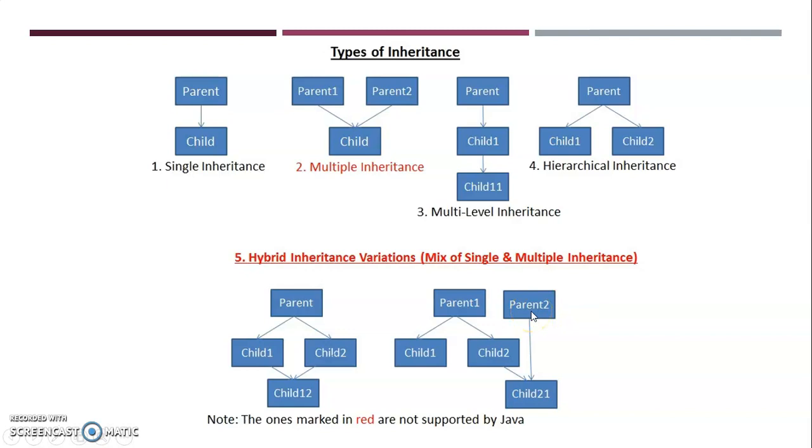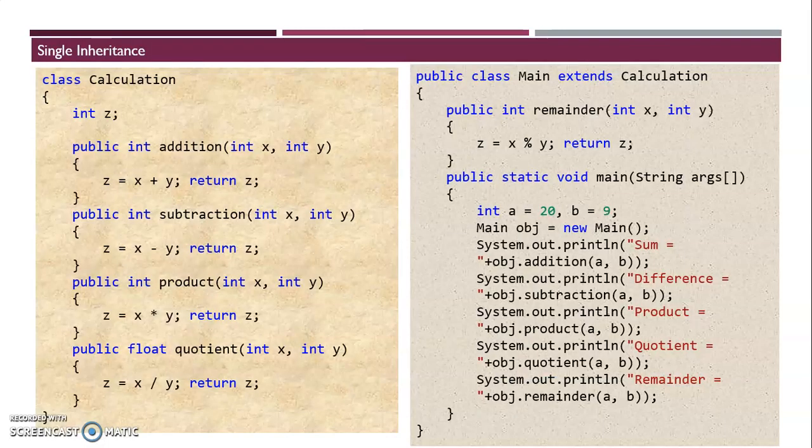Multiple inheritance. So these are the main types of inheritance that are available. But in Java, multiple inheritance and hybrid inheritance are not directly implementable. That means we can't implement these types of inheritance directly in Java, but we can implement them indirectly with the help of interfaces. That is another process in Java, and you will study it later.